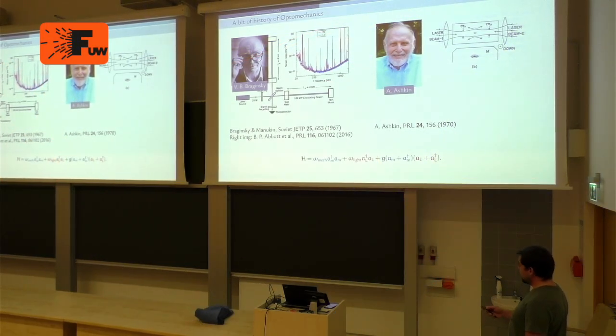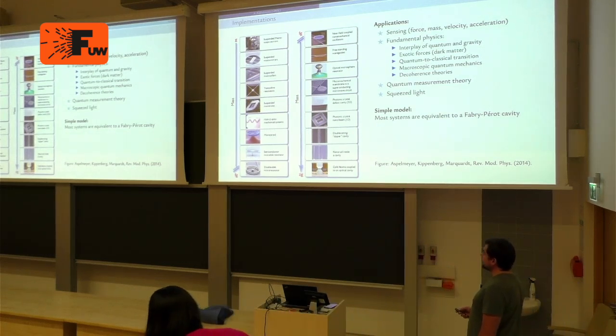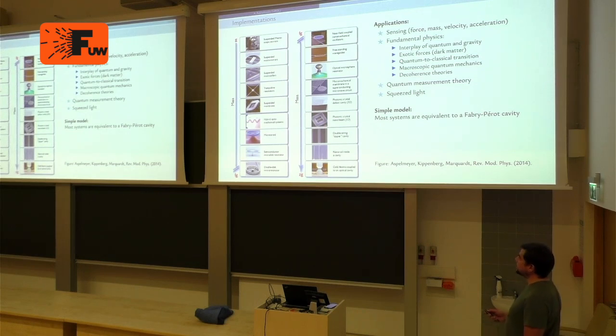motion through radiation pressure. Since then, quite a number of new platforms have emerged in the field, ranging from the very macroscopic mirrors of the gravitational wave antennas, which have masses of tens of kilograms, to mechanical micro oscillators, nano oscillators, and eventually to trapping single atoms in cavities, which in some sense are also optomechanical systems.